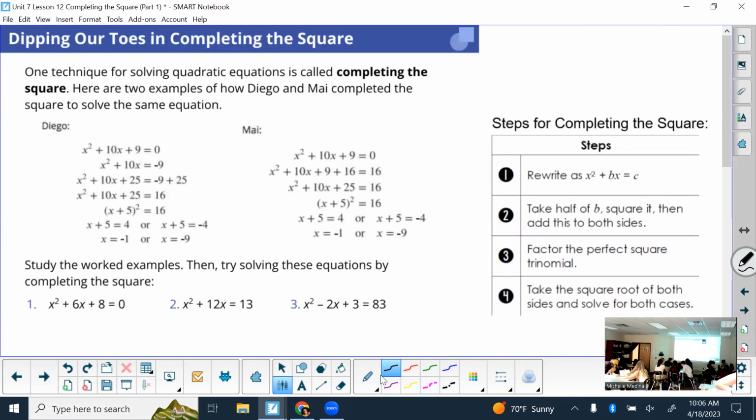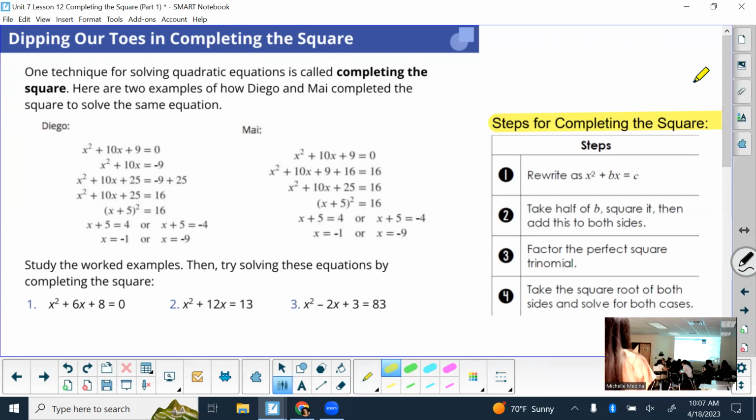These are going to be the steps for completing the square. I'm a big step-by-step person. I always follow the steps in my head every year when I teach the same stuff. So it helps me, and I think it would help you.